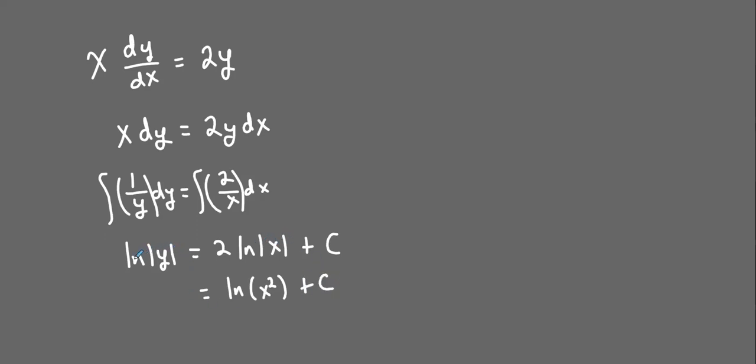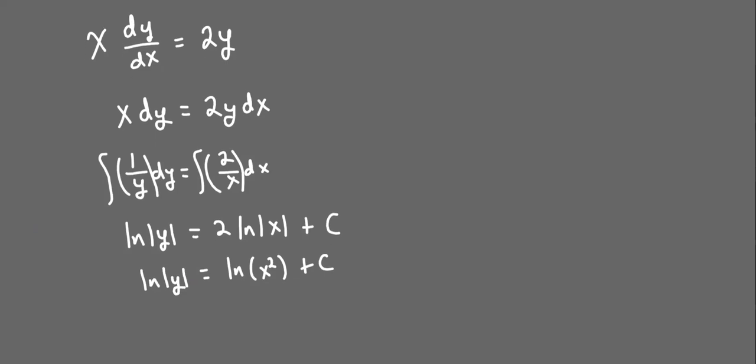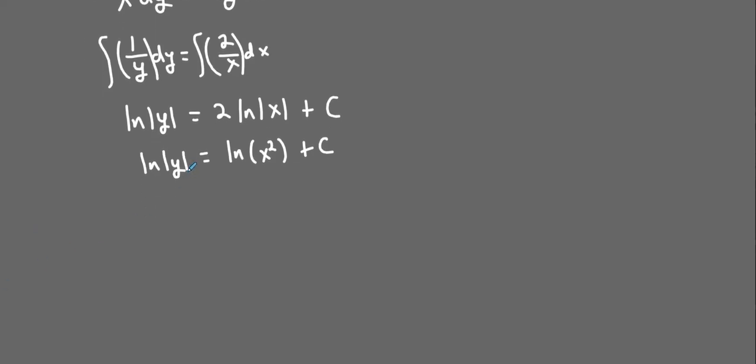And then I'm going to use my logarithm rules with exponential functions, use the fact that they're inverses. I'm going to raise both sides onto powers of e, just like that. So here these cancel out, and we just get absolute value of y.